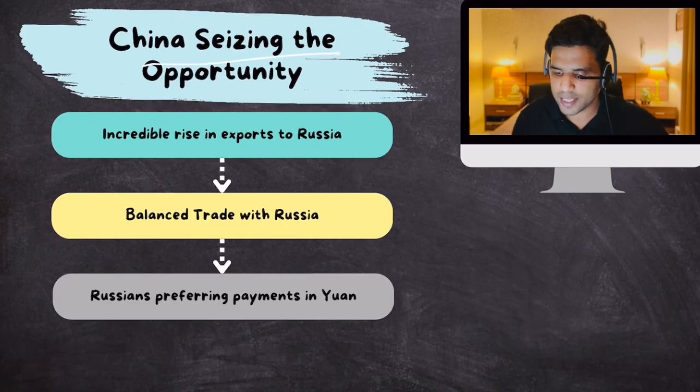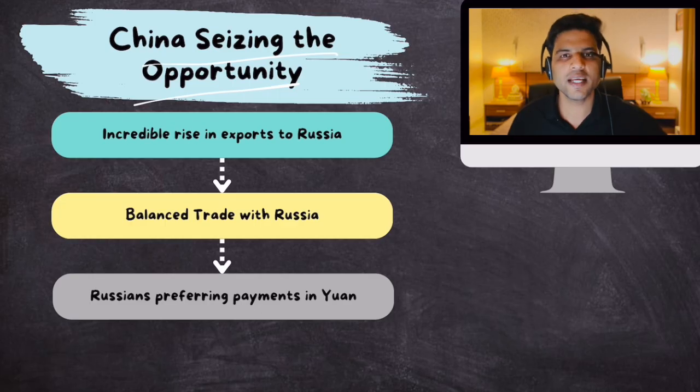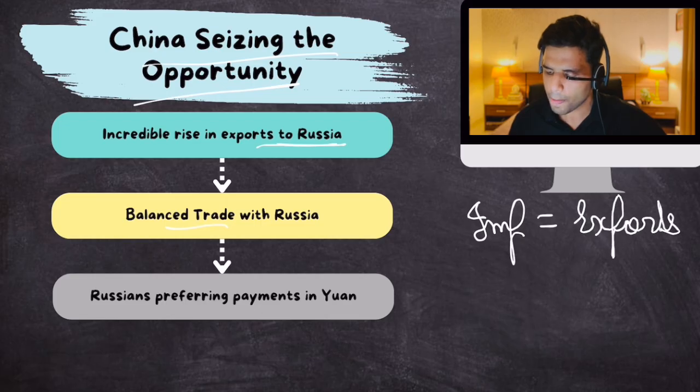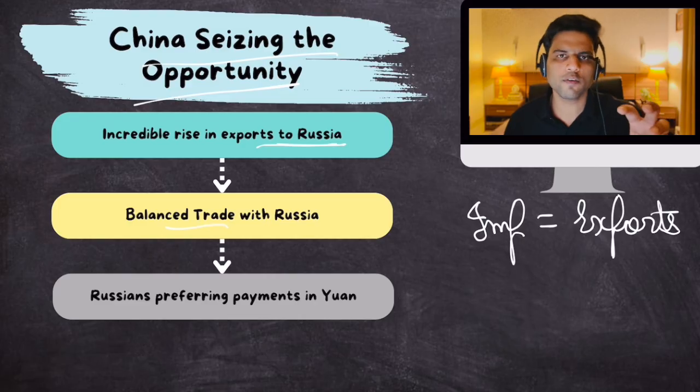China seized this opportunity. There was an incredible rise of exports to Russia from China. China was selling so many goods to Russia. Okay. Plus, China-Russia trade is balanced. That means their imports and exports are relatively equal. China imports an equivalent amount of goods from Russia as it exports. So there is balanced trade between the two.